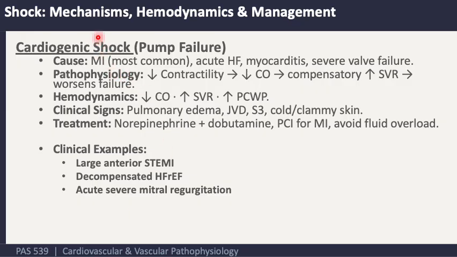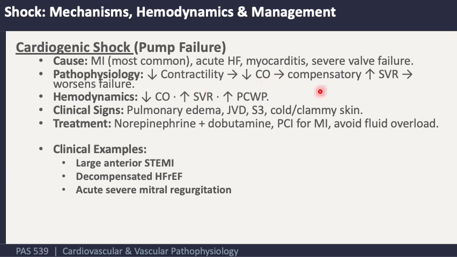The next one we'll talk about is cardiogenic shock, or what is also known as pump failure. This is usually due to a MI. It can be due to acute heart failure, myocarditis, or severe valve failure, but I've seen it most commonly in a severe MI. The pathophysiology: you have decreased contractility, which leads to decreased cardiac output.